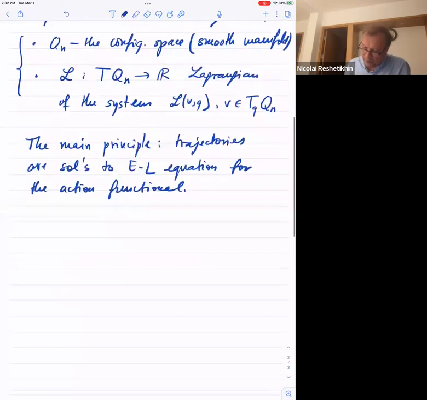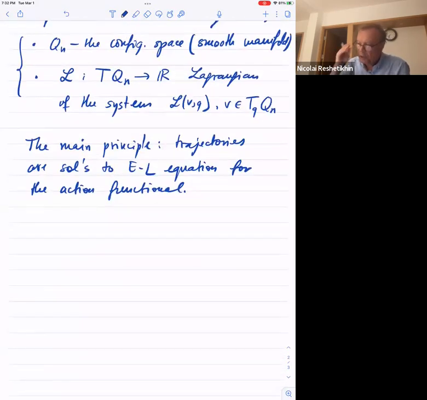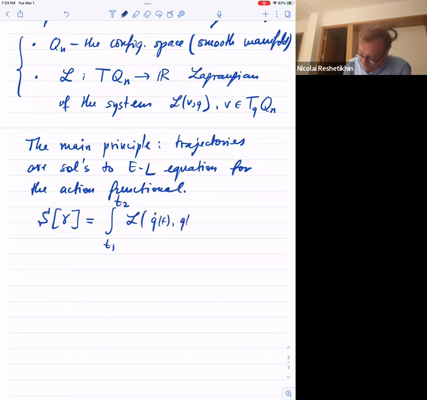Now let me define the action functional, and then we will derive the Euler-Lagrange equations. So given the Lagrangian and the manifold, the configuration space, we define the action functional as this.